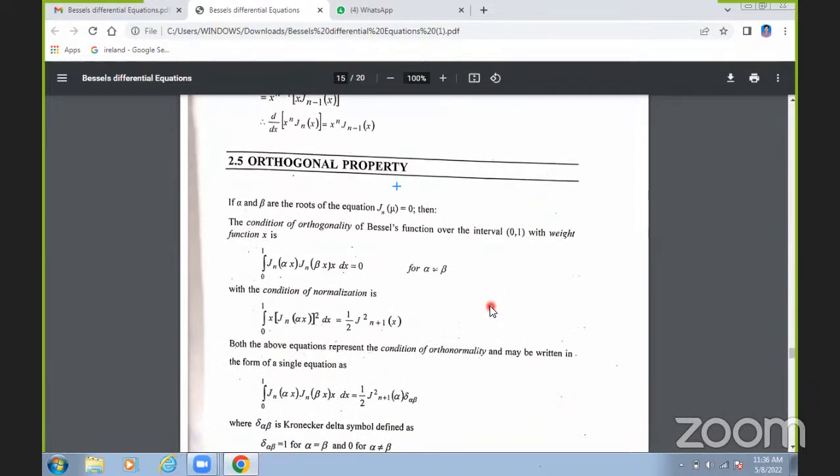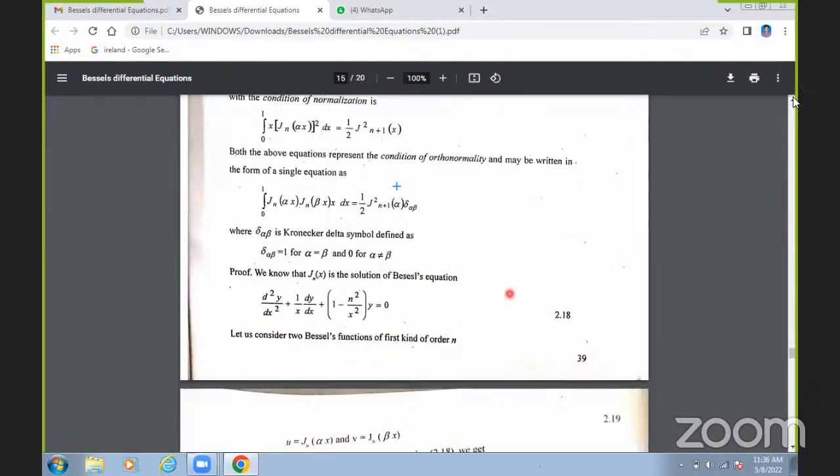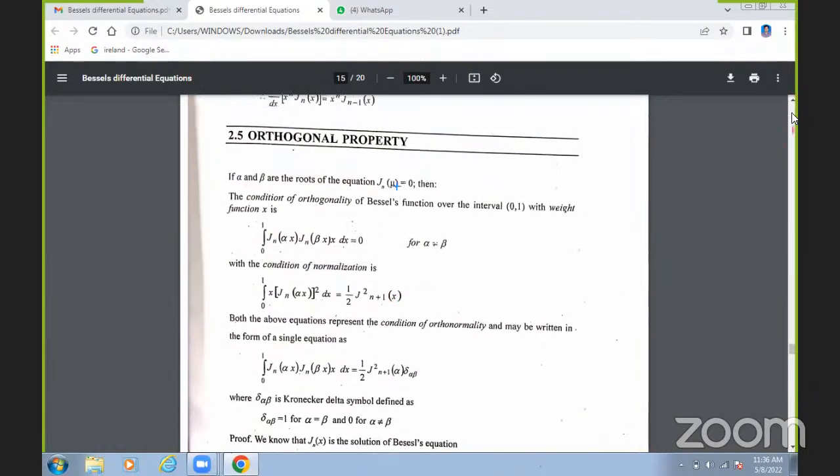So here, if alpha and beta are the roots of the equation Jn of mu is equal to 0, then the condition of orthogonality of Bessel's functions within the limits from 0 to 1 is this one equation for alpha not equal to beta, and with the condition of normalization, this one we have.